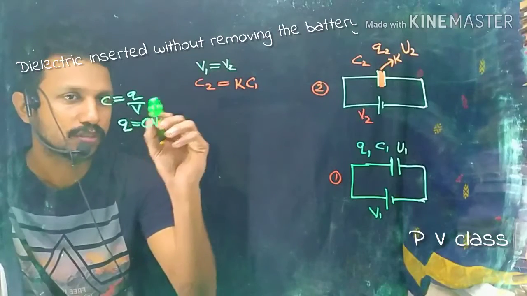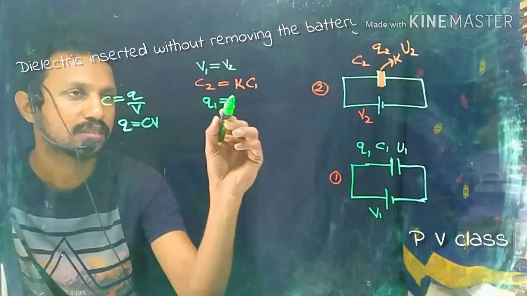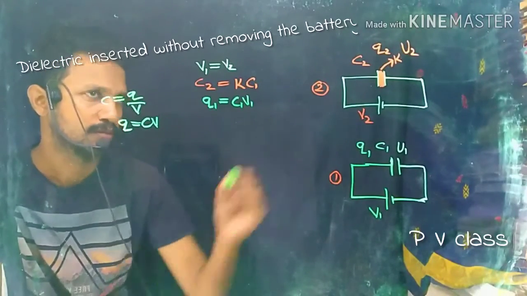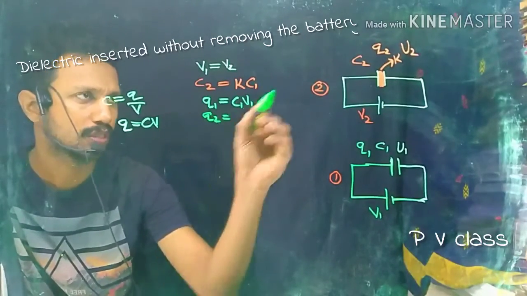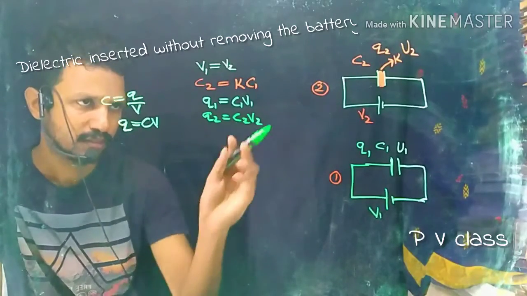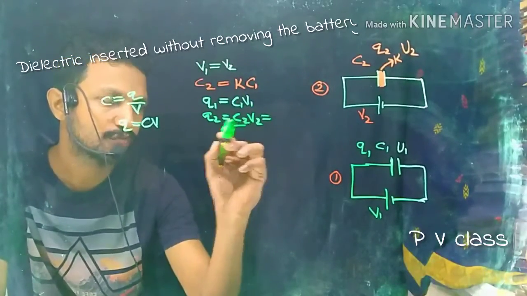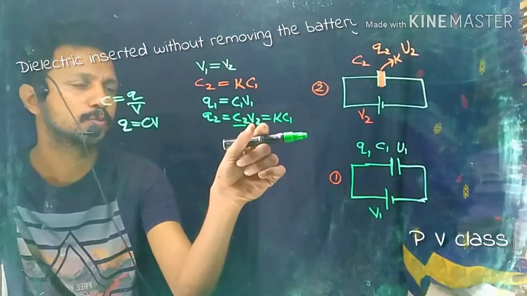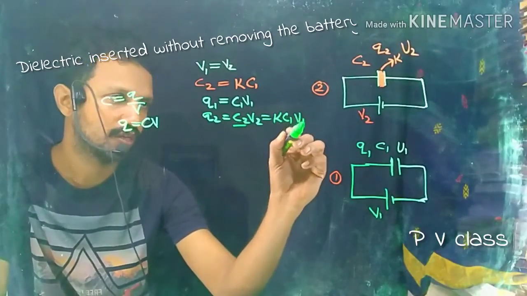Using this, Q1 is equal to C1V1. Likewise, in the second case, Q2 is equal to C2V2. C2 is KC1, and V2 is V1, so we can write KC1 and V1.